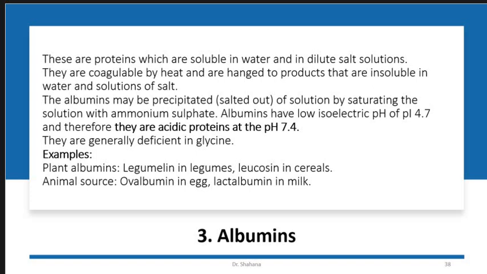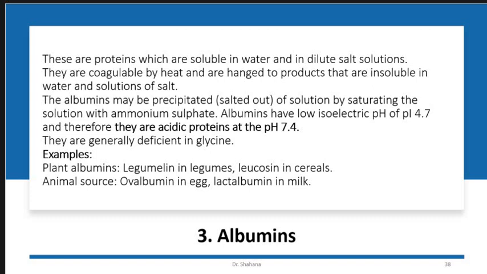These albumins can be sorted out by changing the saturation of the protein with ammonium sulfate. हमने ये process पढ़ा था कि salting in किया जाता है या salted out किया जाता है. Albumins have a low isoelectric pH, that is 4.7, and mainly they are acidic proteins at pH 7.4, which is the pH of blood.